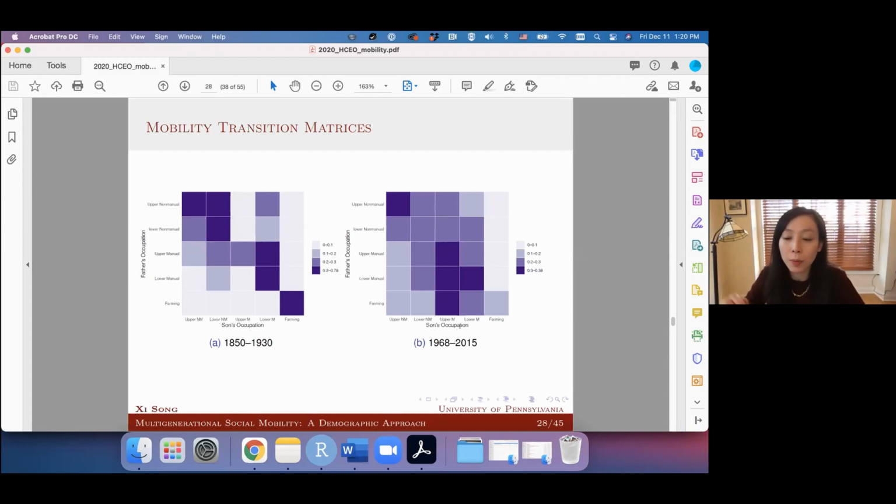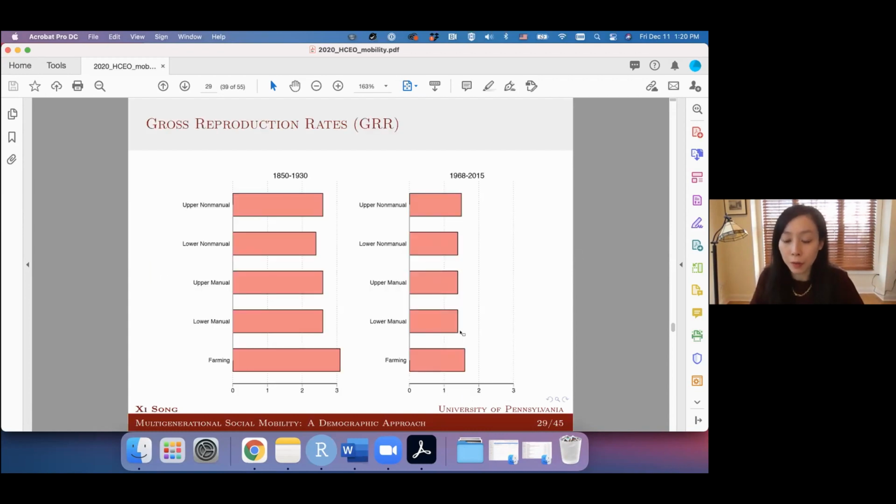So now I'm going to apply those different mobility regimes to show you how they can influence our understanding of social reproduction, in terms of the number of offspring in different socioeconomic classes. Here, of course, we need the reproduction or fertility component.